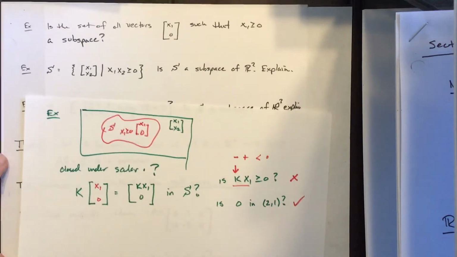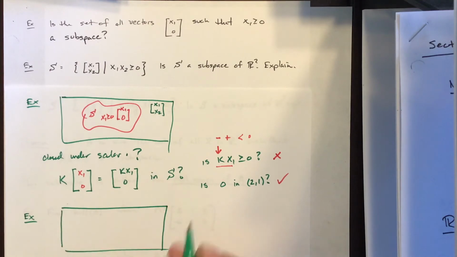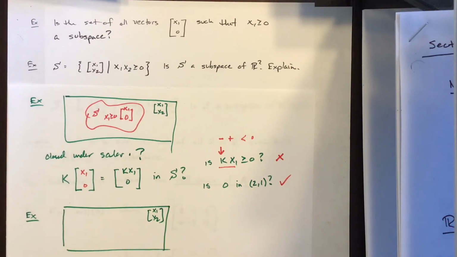So let's look at number 2. The set of vectors x1, x2 such that the product of the two entries is greater than or equal to 0. Same setup here. Your vector space looks like the set of vectors x1, x2 that are real numbers.